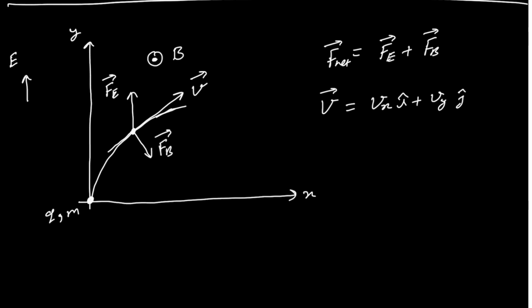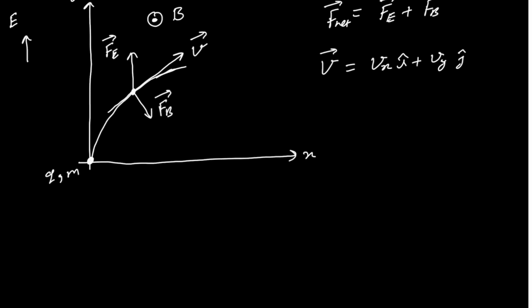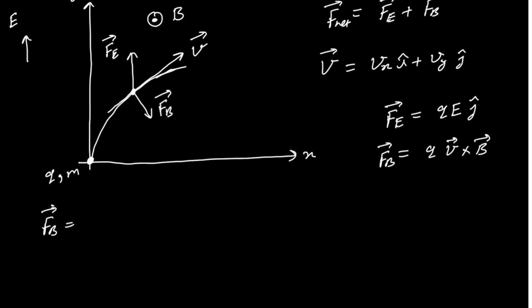Now we can analyze this Lorentz force in vector form. So what is the electric force? In vector form, this electric force is qE, which is the magnitude of the force, and it is acting along the y-axis, so qE j cap. And what is the magnetic force? The magnetic force formula is q V cross B. So keeping all values, what we get is q (Vx i cap plus Vy j cap) cross the magnetic field B k cap.